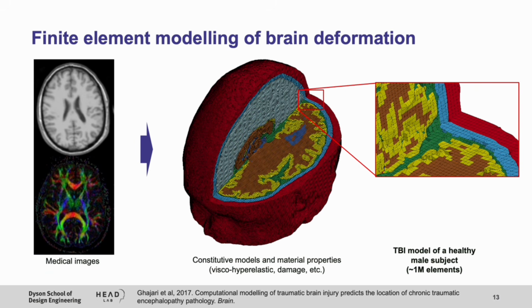So they are used to discretize this complex anatomy of different tissues like skin, skull, cerebrospinal fluid, gray matter, white matter, ventricles here, etc. And then we apply rules of mechanics to every element, which for us here is simply force displacement relationship, and we use material properties that can represent different tissues like viscoelastic for brain, etc.